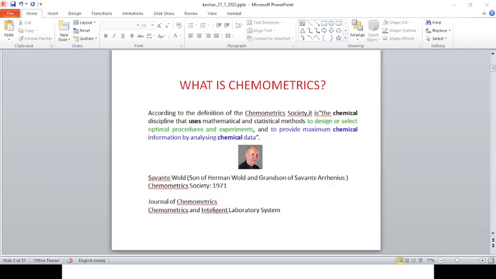And you would be surprised to know, because we mentioned just now chemometrics is a chemical discipline combining statistics and mathematics, that probably he was the best person to coin this word because he was the son of a famous statistician, Herman Wold, and he was the grandson of the chemist, the Nobel laureate, Svante Arrhenius. So you see where the gene is coming from? It's coming from the chemist and the mathematician, statistician.